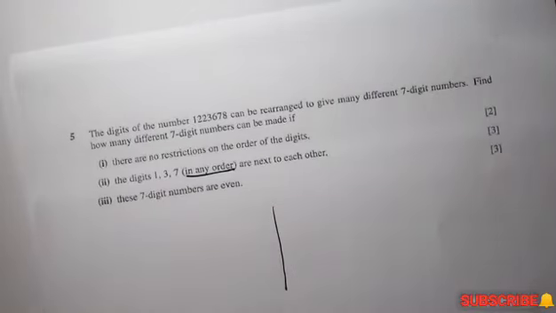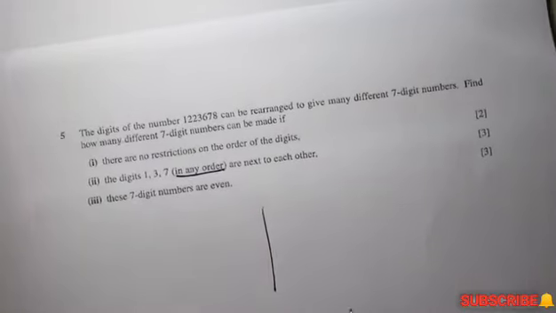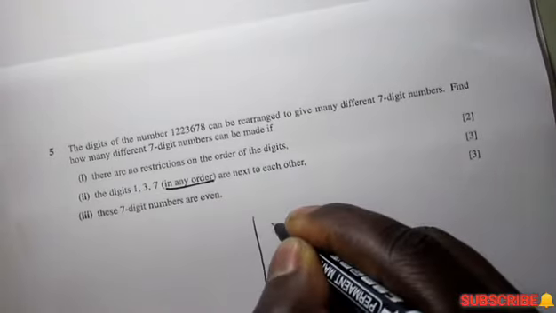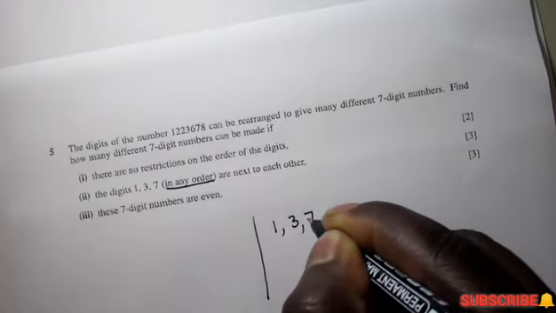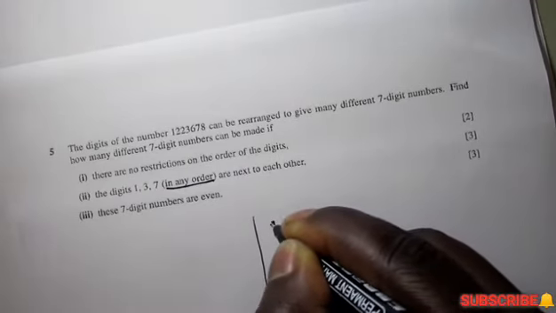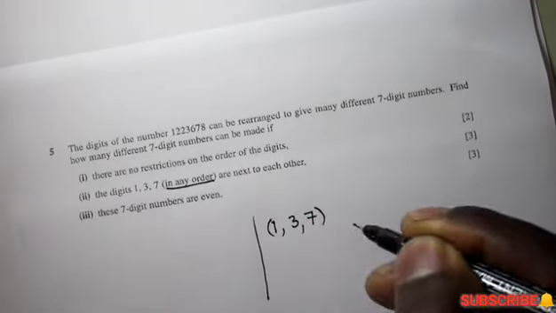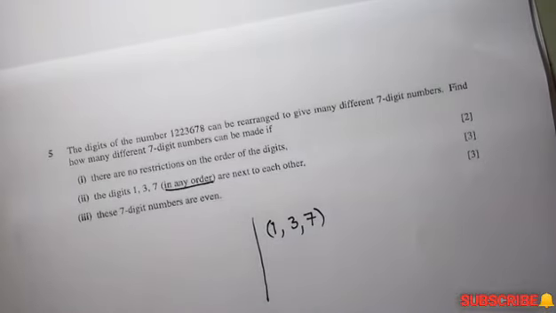So let me start with the in any order aspect. Right. So what you need to do is 1, 3 and 7, you put them on their side like this. Then I'm going to put a bracket, since 1, 3 and 7 must be next to each other.